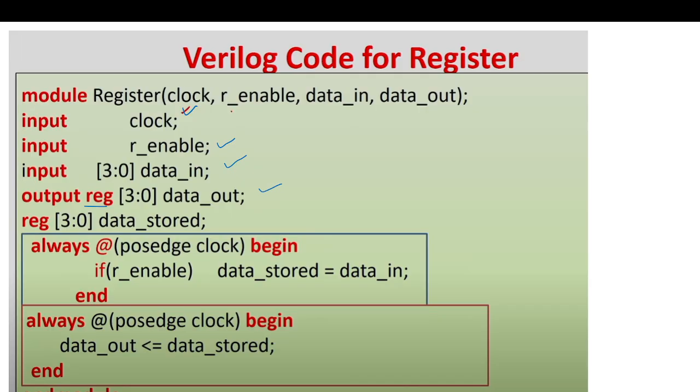So it's a reg type, and in between we store values, so 4-bit stored. If at the positive edge we enable it, we want the stored data to be the input data, and always at the positive edge of the clock, we want the output to be the stored data. So in this way, we can get a 4-bit register.